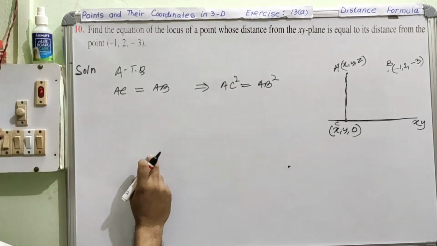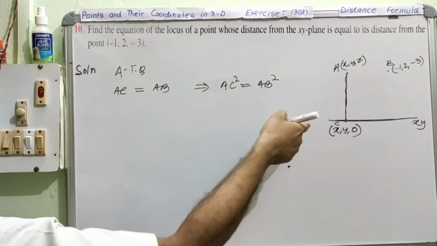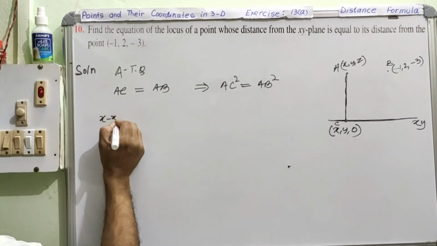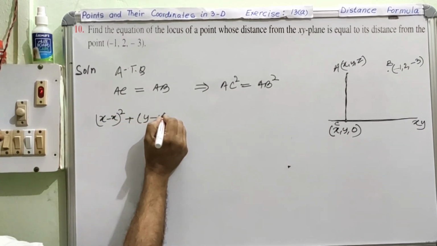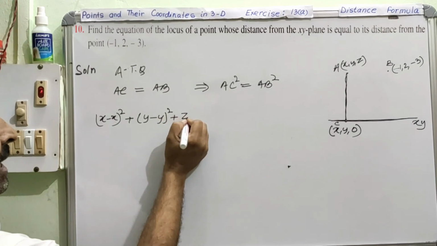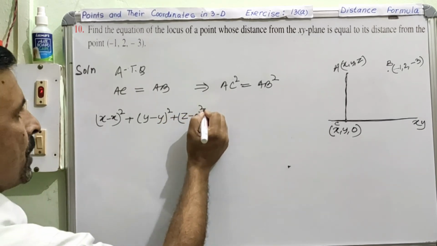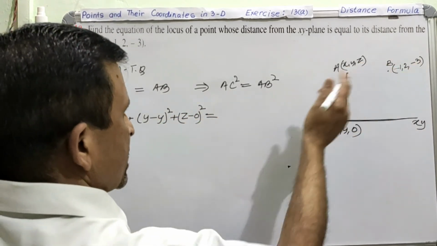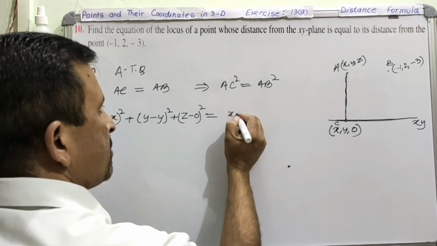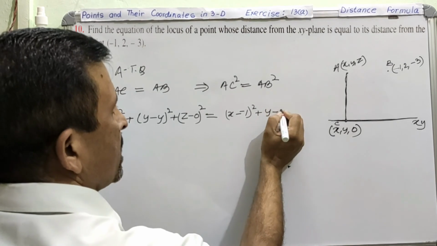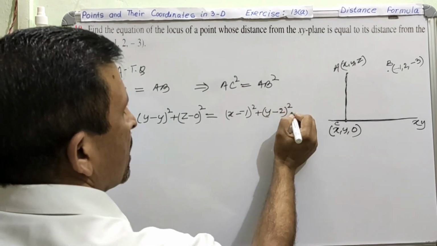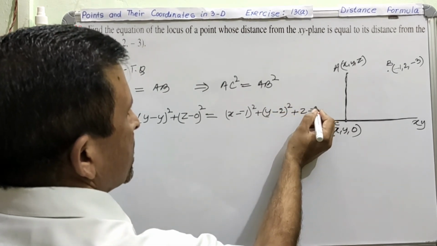Now AC square means (x minus x) square plus (y minus y) square plus (z minus 0) square, and on the right hand side we will have AB square, that is (x plus 1) square plus (y minus 2) square plus (z plus 3) square.